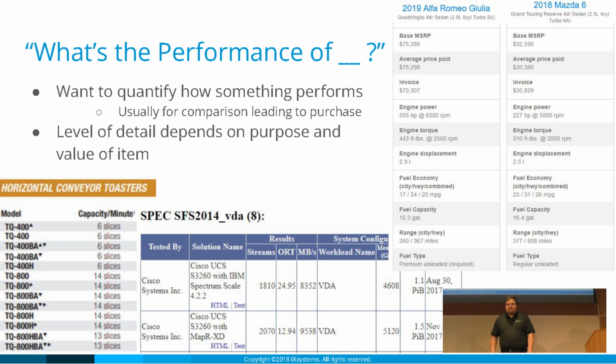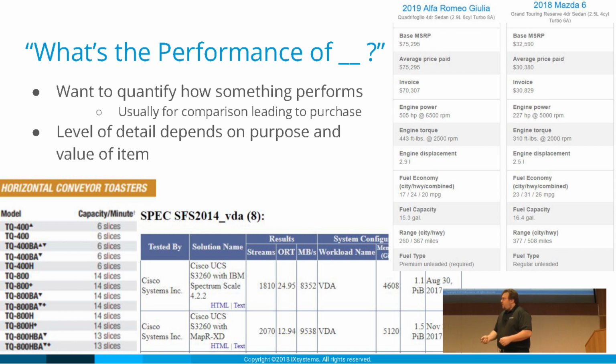So why do we measure the performance of things? What's our end goal? Almost inevitably, it's to compare to something else, either another product or perhaps another version of the same product, either hardware or software. And usually the level of detail that you seek in terms of the performance depends on both your purpose and the value of the item.